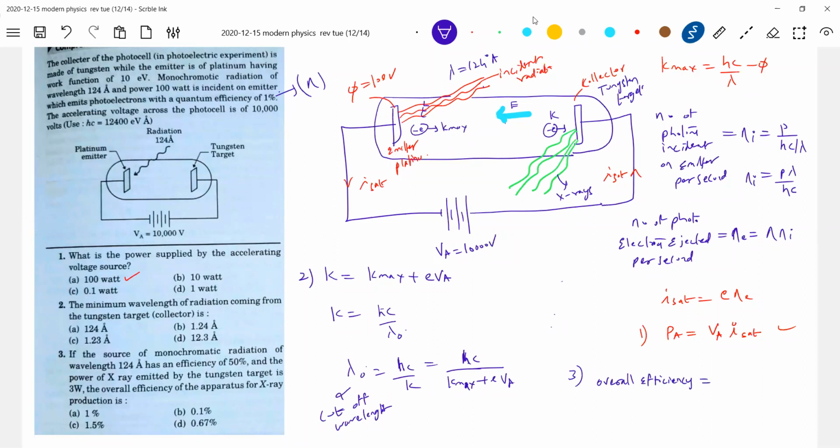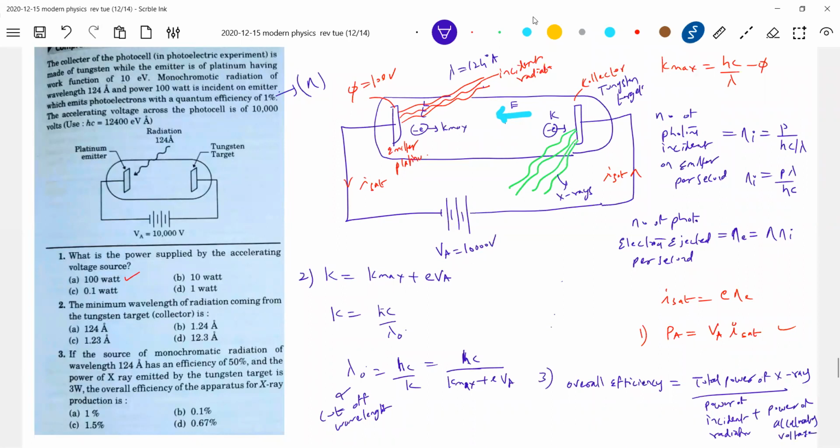Overall efficiency is equal to total power of X-rays by power of incident radiation plus power of accelerating voltage.